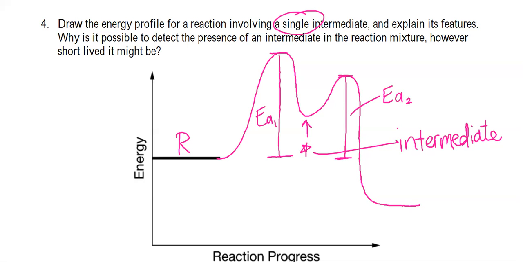So that's what I was talking about there, that each hump in the graph takes its own amount of energy to overcome in order to make changes. And so once the intermediate has been formed, then you cannot get rid of that intermediate until enough energy is placed in there.